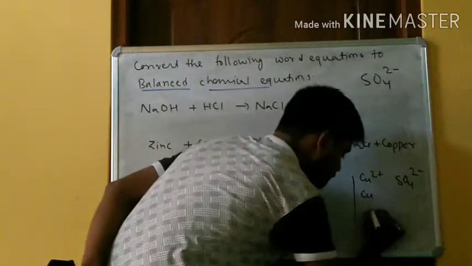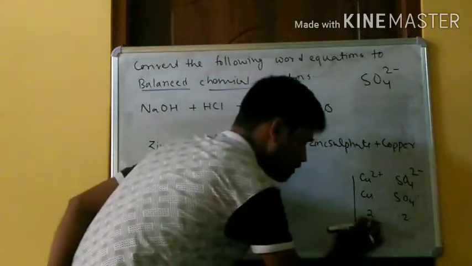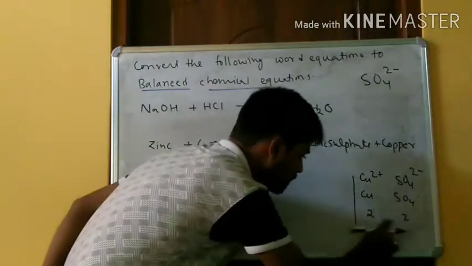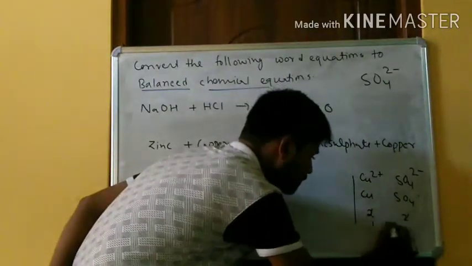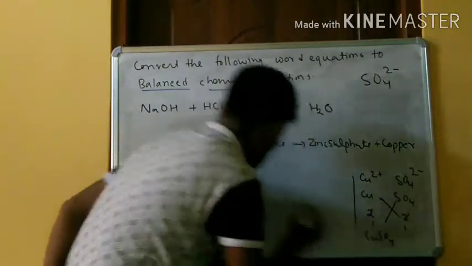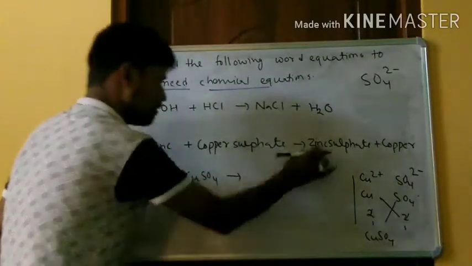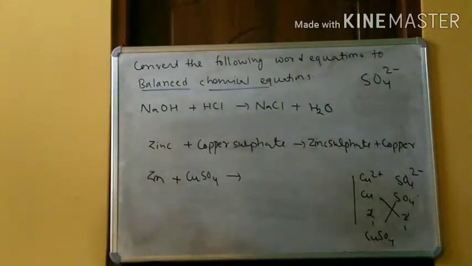So write 2 below copper, write 2 below SO4. Both of them have 2, so they cancel out. It becomes CuSO4. The formula of copper sulfate is CuSO4.